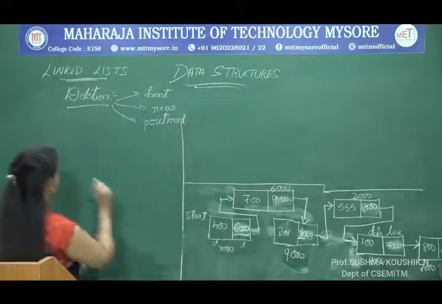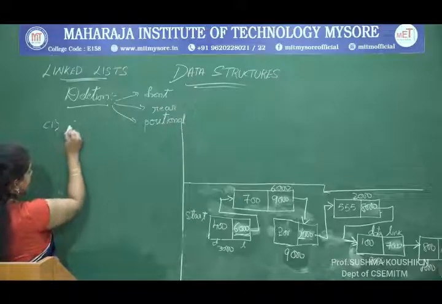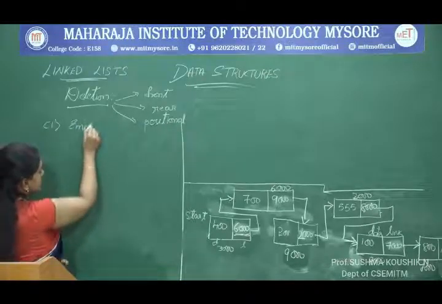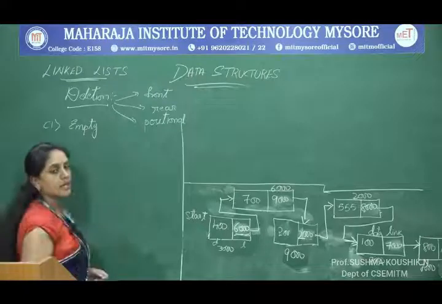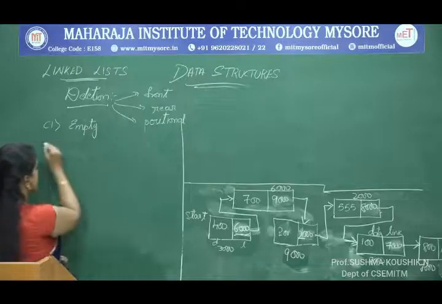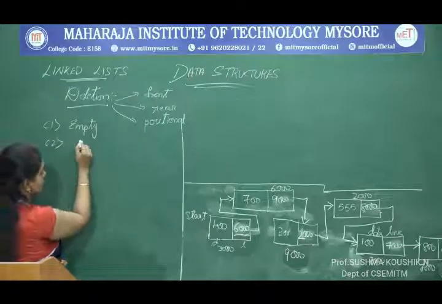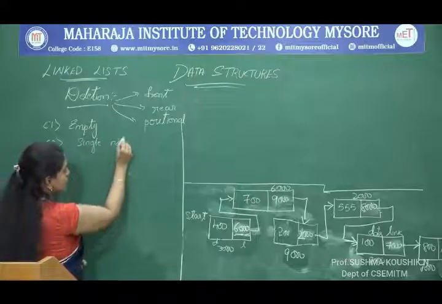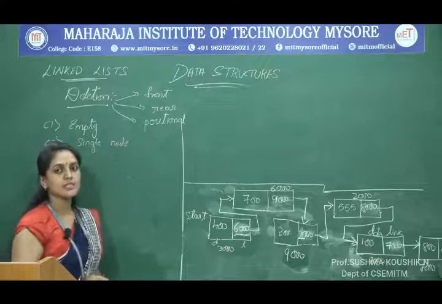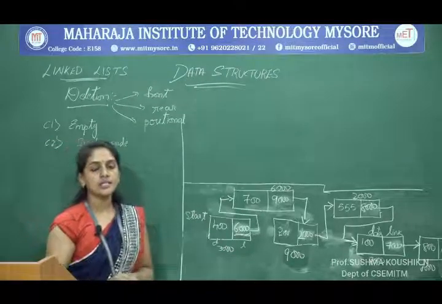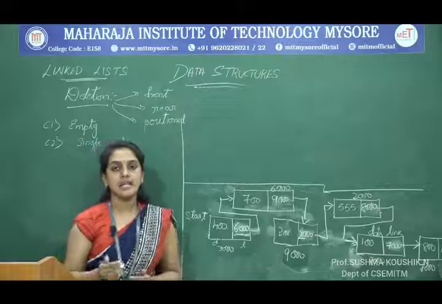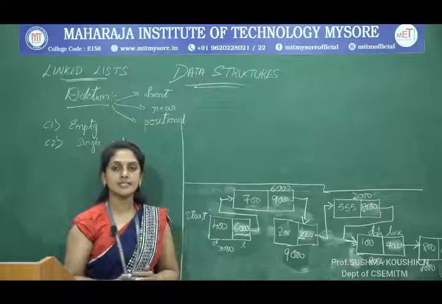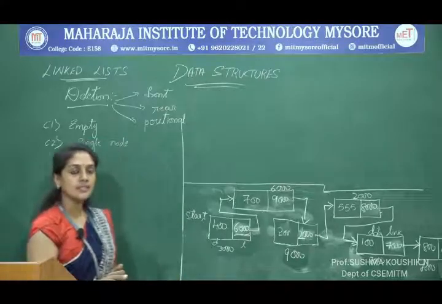Case 1, if the linked list is empty, there is nothing to delete. Case 2, if there is only one single node. If the linked list comprises a single node, then you have to take special care to make sure that going ahead the linked list is marked empty after deleting the single node.